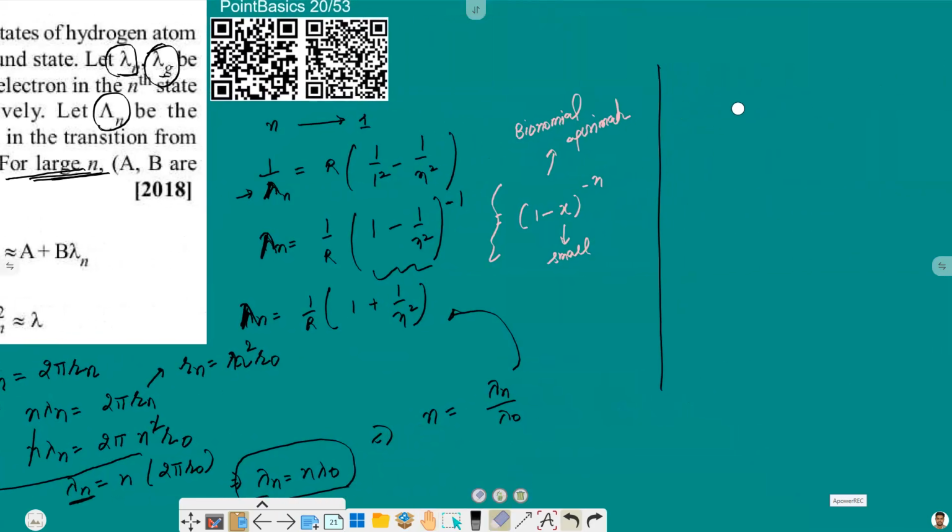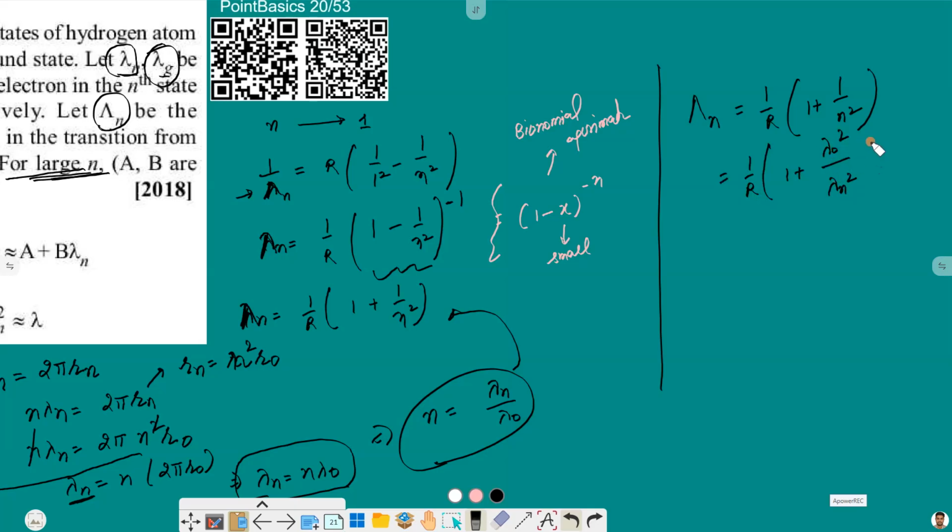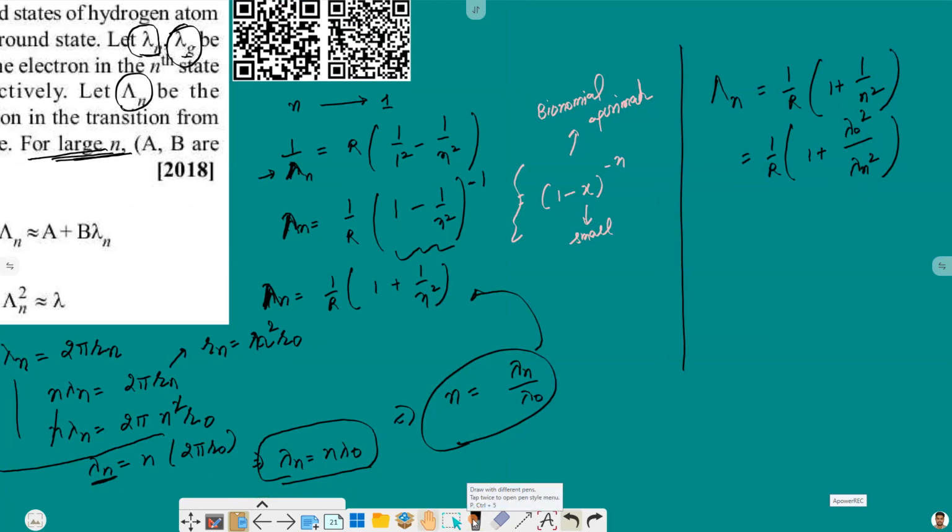So here delta n is equal to 1 by r into 1 plus 1 by n square. Now we will use n as this. So this will become 1 by r into 1 plus lambda n square divided by lambda naught square. Now I can write it like this: delta n is equal to 1 by r plus lambda naught square by r plus lambda n square.